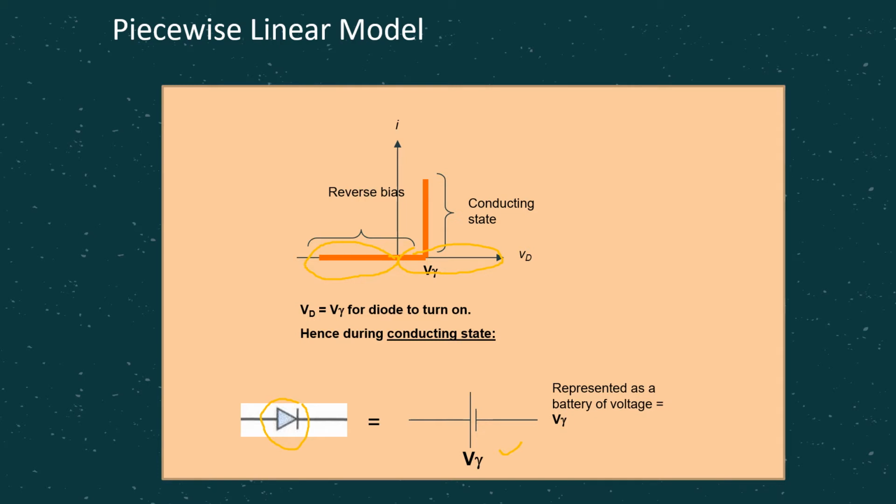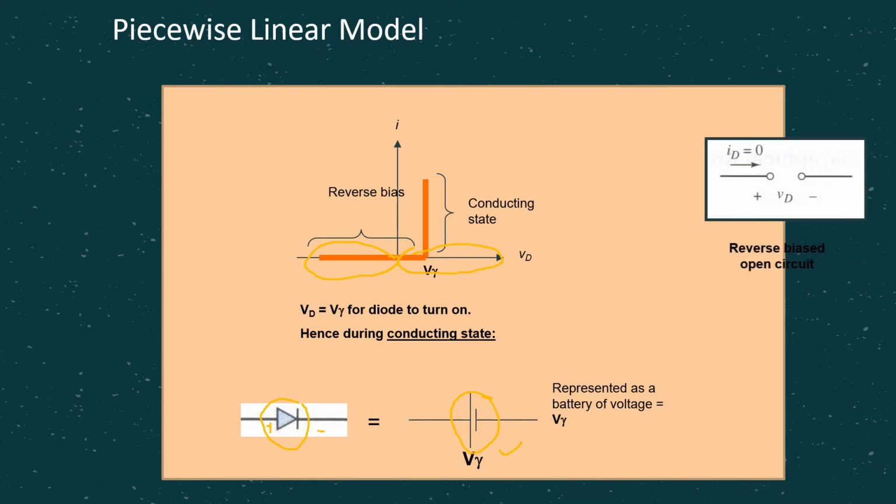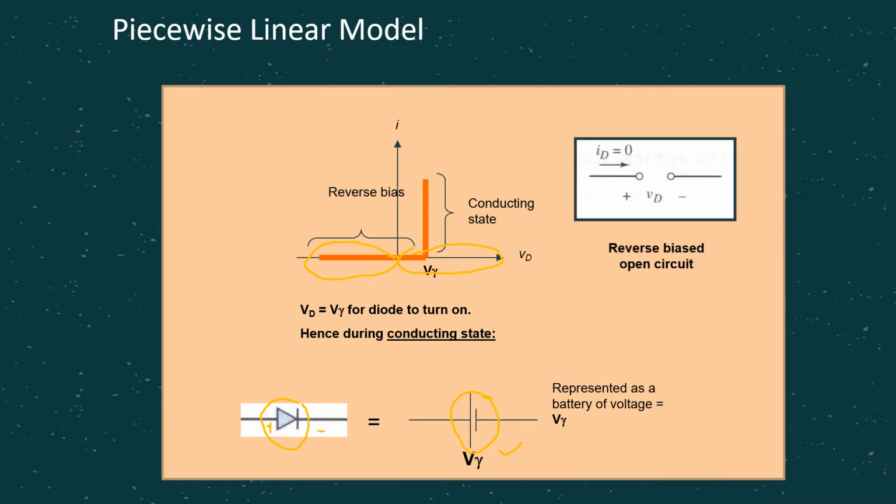As you can see here, we have the positive side here and the negative polarity there for the V gamma. And talking about the reverse bias, it can be replaced with an open circuit, similar to the ideal diode.